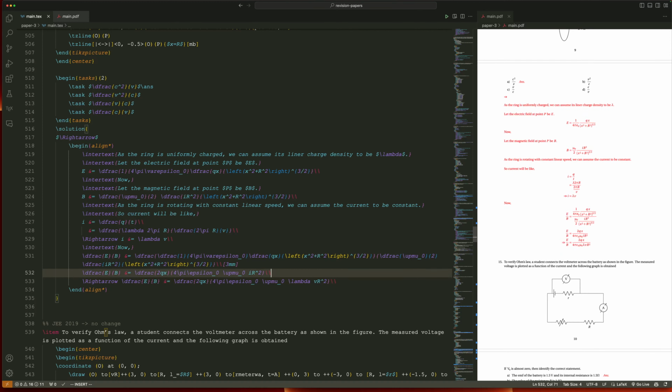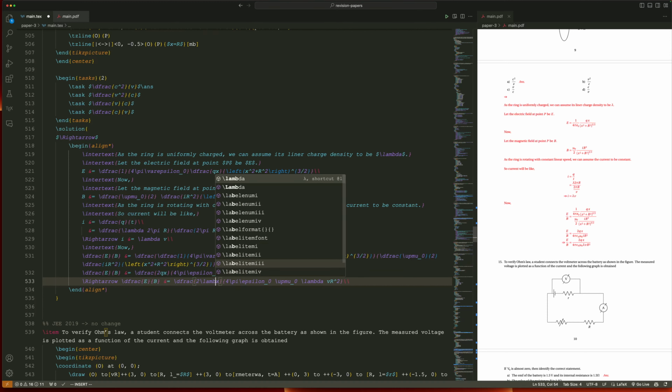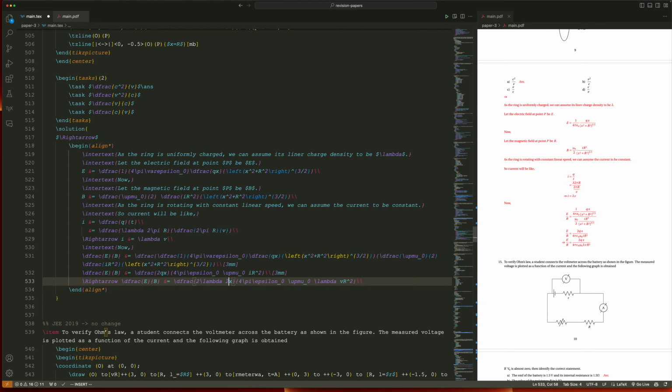So again we can use 3 millimeter gapping between the equations. So instead of q we can put lambda into 2 pi r, yes.